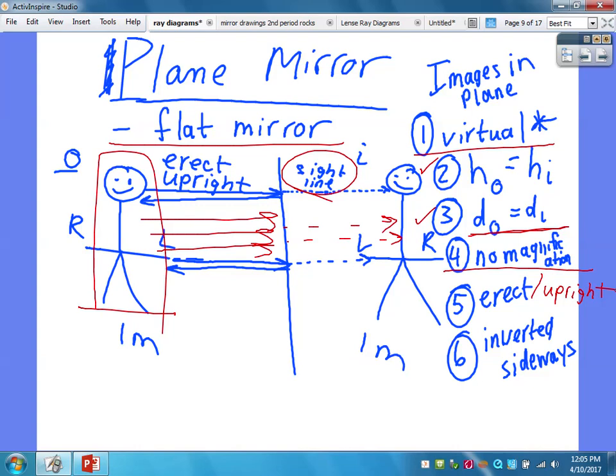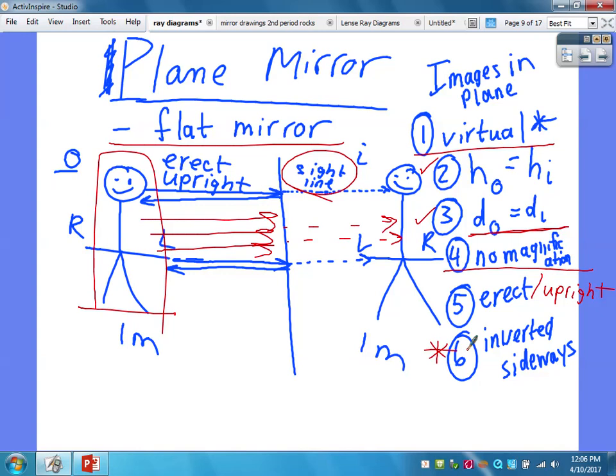You're not upside down. The only really unique thing about the plane mirror is you are inverted sideways. What that means is as you move your right hand, the image moves their left hand. That's why we mean inverted sideways. So everything is opposite.